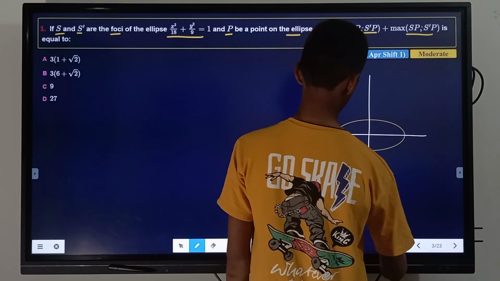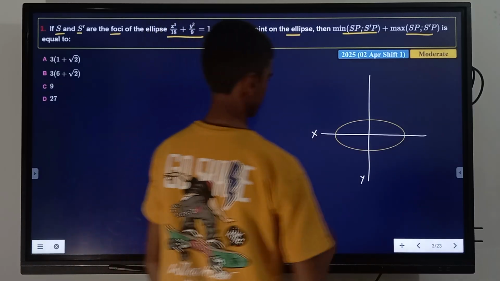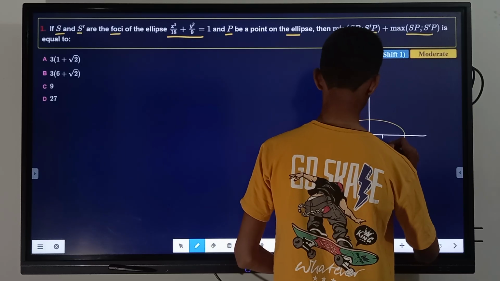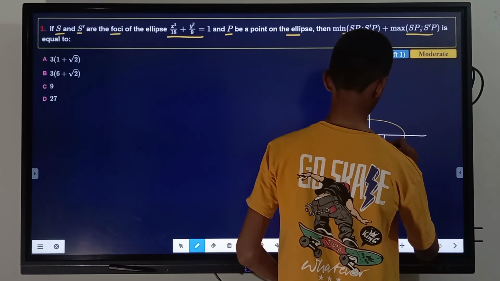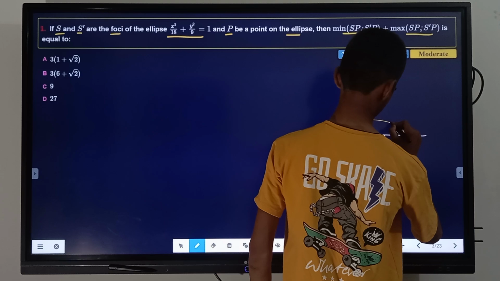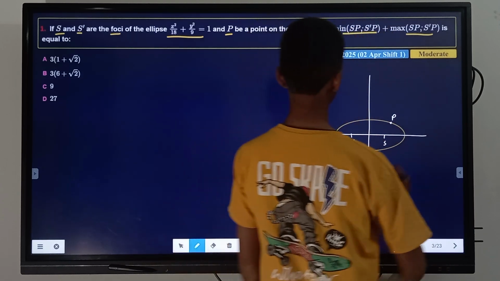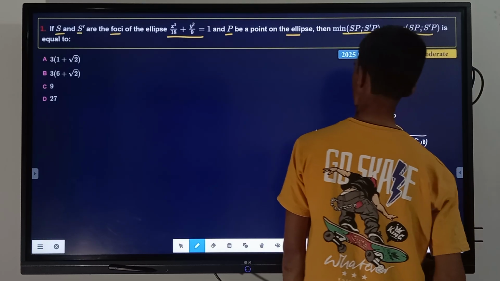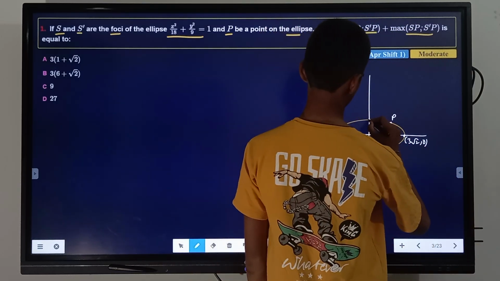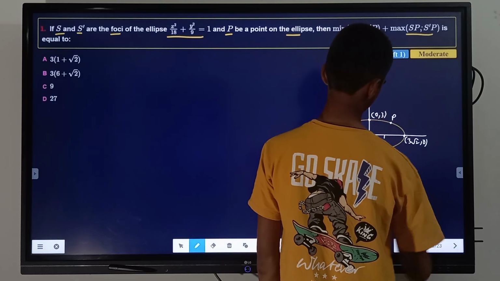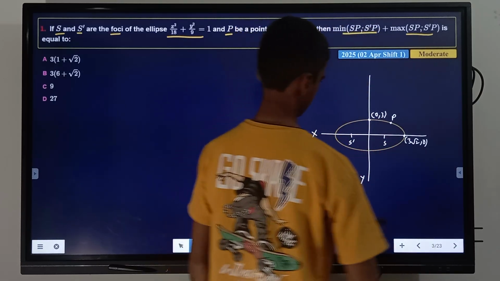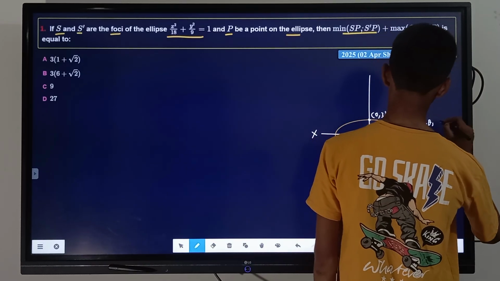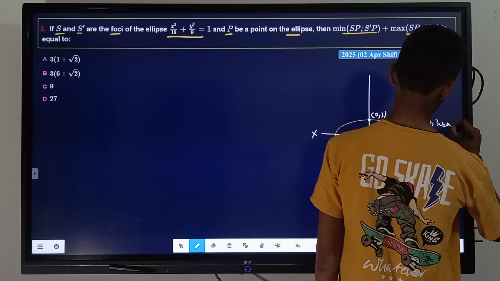This is x-axis, this is y-axis, and let's say this is S dash, this is S. This point is P. Now we can write this point as a comma 0, which is 3 root 2 comma 0, and we can write this point as 0 comma b, which is 0 comma 3. Now we can also say P as 3 root 2 cos theta comma 3 sine theta.